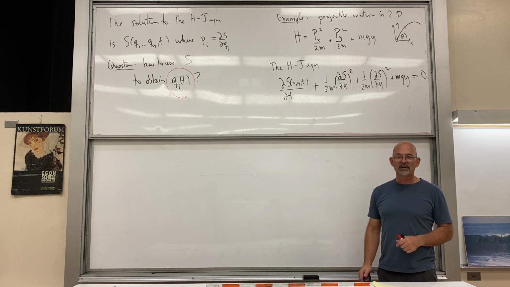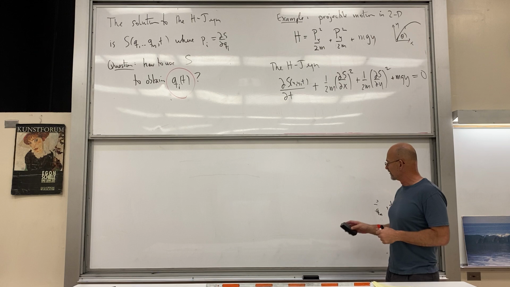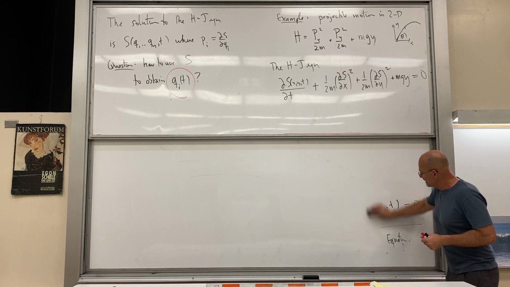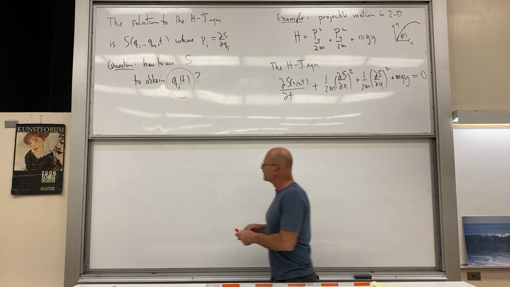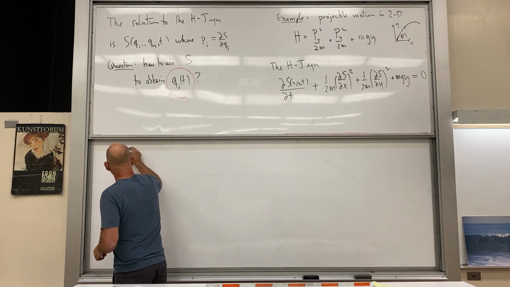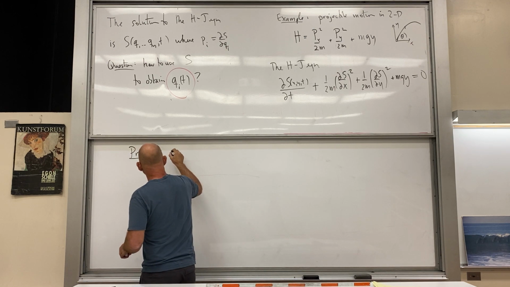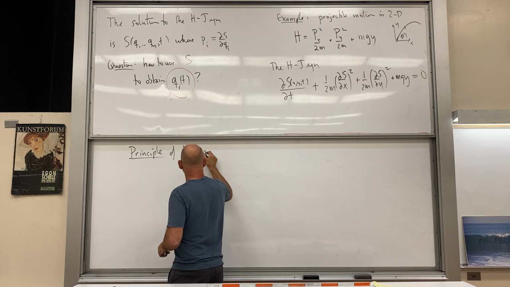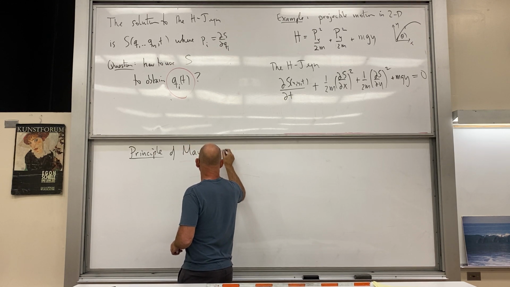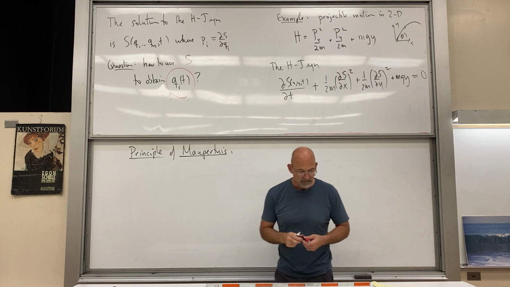Euler did all the work, but he was so generous he let Maupertuis get some credit for it, even though Euler was the mathematics behind it all. So, principle of Maupertuis. And we'll build on what we had just derived. Principle of Maupertuis. Okay.